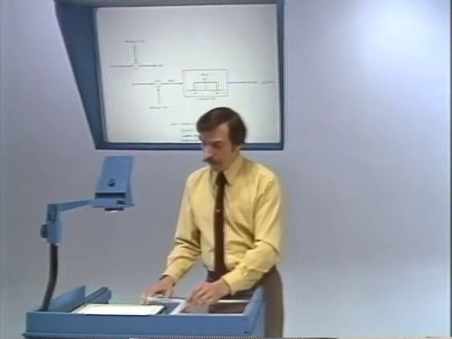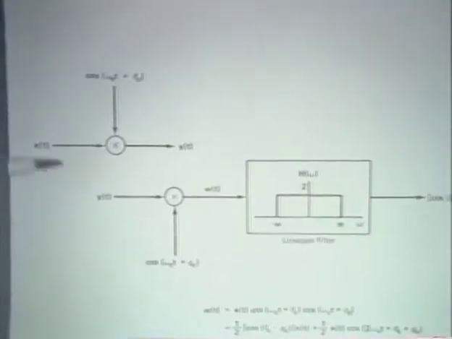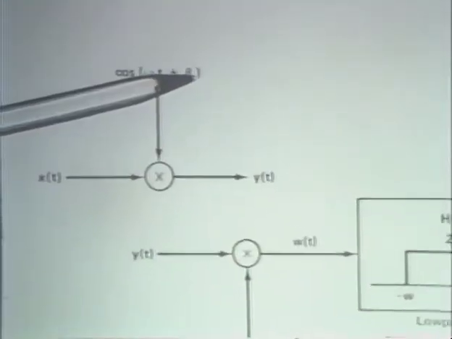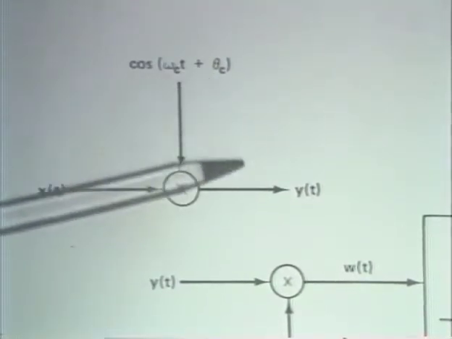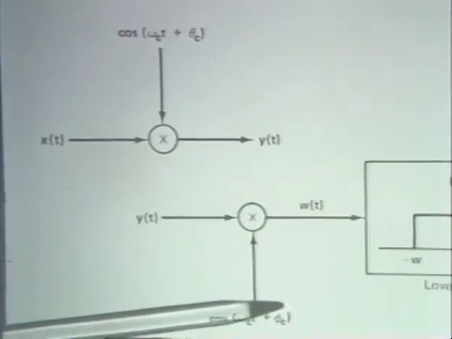Okay, well, so now what we want to look at is what happens if we have a modulator with phase theta sub c and a demodulator where the phase, instead of being theta sub c, is some other phase phi sub c.